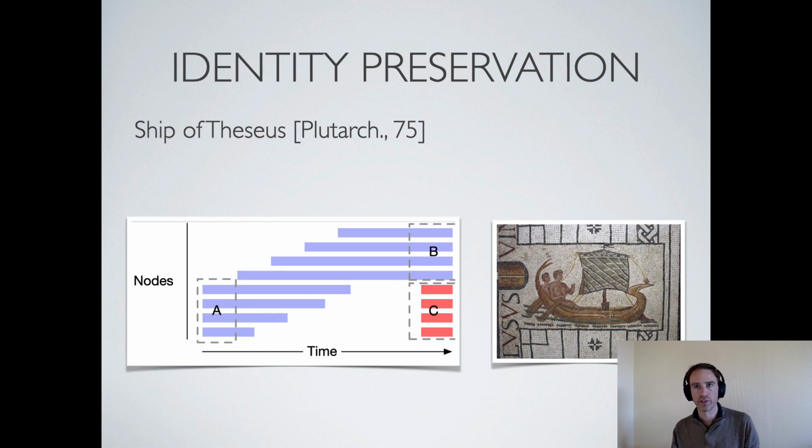You want solutions which are smooth, meaning there are not too many changes in communities along time, because if it changes all the time, you cannot really interpret what you obtained. I won't go into details. And finally, you have the question of the identity of communities, which is a topic that I think is quite interesting.